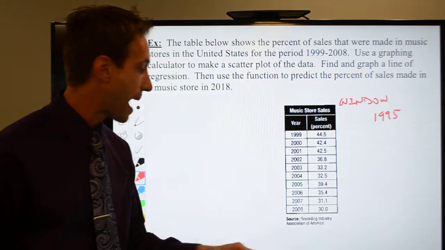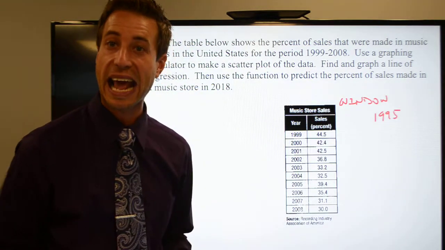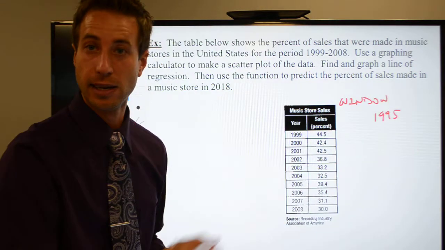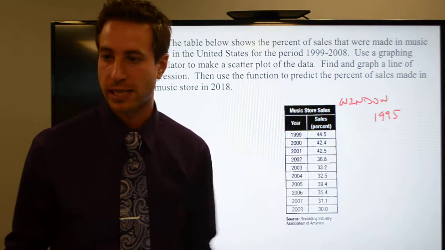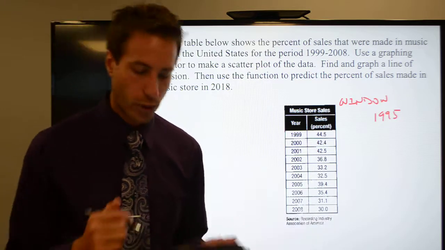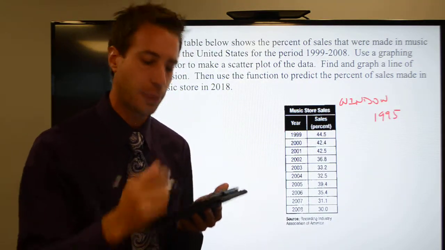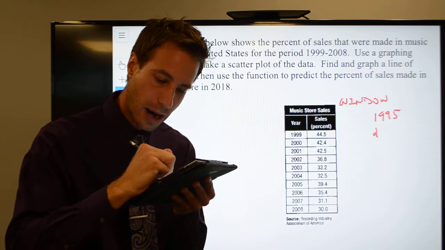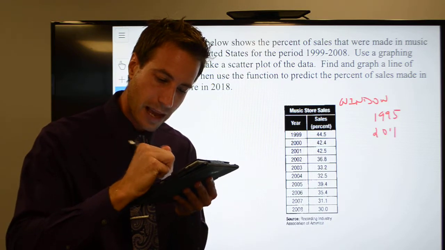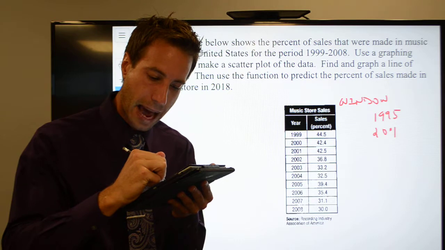Because my max year is 2008, I need to go past that so that I can actually see 2008. I went to 2011. You could go to 2010. That would certainly work as well, as long as it's bigger than 2008. But I went to 2011 as my X max.